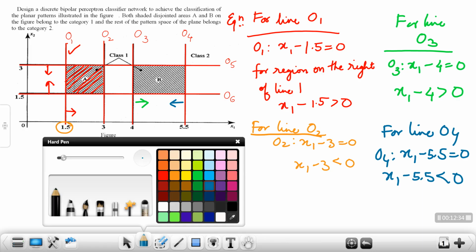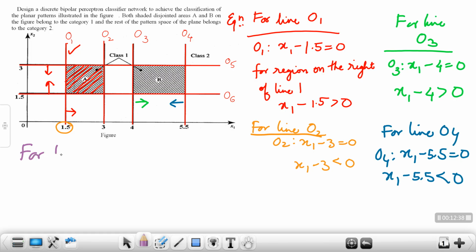So for line O5, I am judiciously using the board, but you all can write one after the other. For line O5, we are interested in this region, that is below that particular line. So what is the equation? Equation of this line is nothing but x2 is equal to 3.